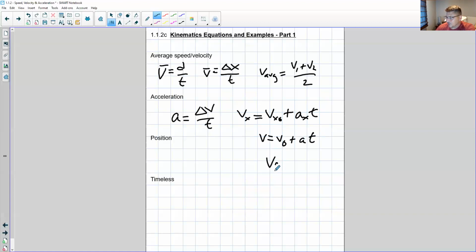The Regents table says vf equals vi plus at. I'm not really too much of a stickler about this. I like to stay as close to the AP table as possible, but I will generally write something like this. This is kind of my in-between compromise for that equation.